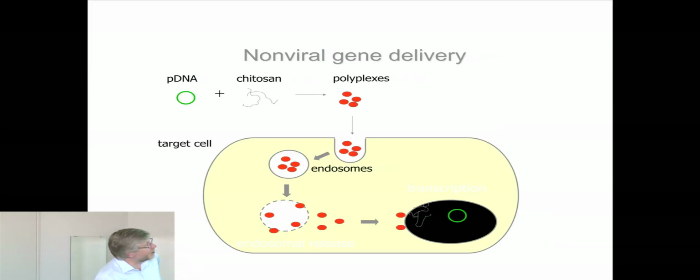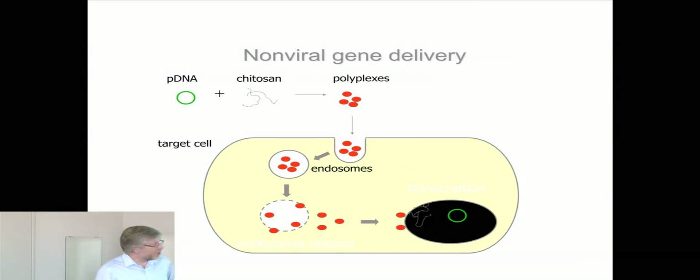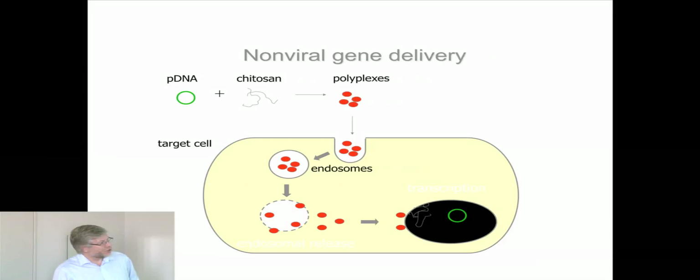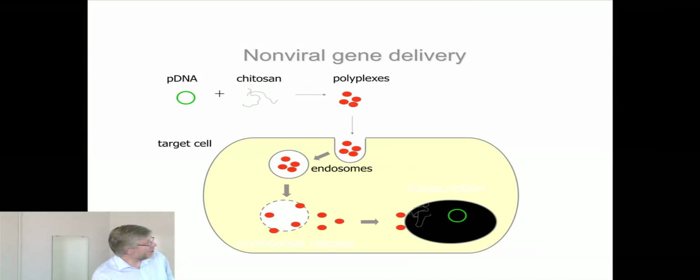So this is the idea. If you have a plasmid DNA, the chitosan makes what we call a polyplex, which is taken up by endosomes, released, and finally the gene enters the nucleus and becomes incorporated in the cell, in the DNA.